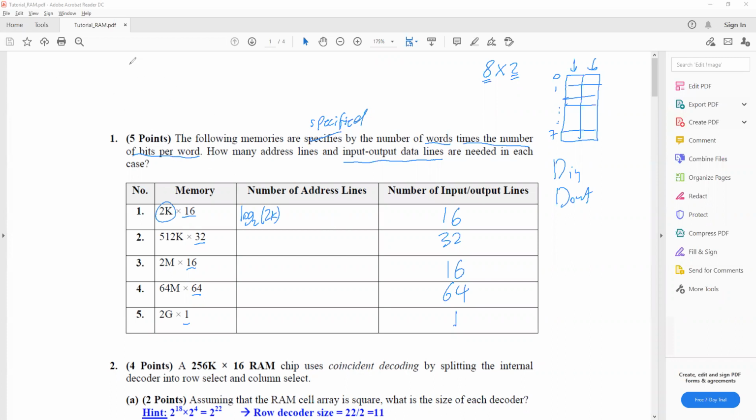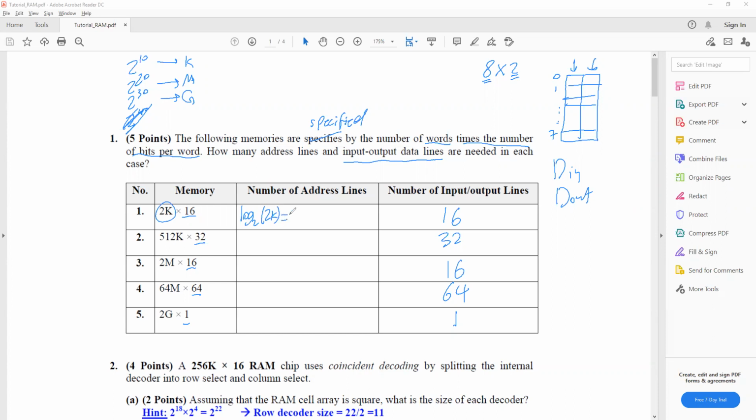So you can do this quickly. We have 2 to the 10, 2 to the 20, 2 to the 30, maybe 2 to the 40. We're not going to use 2 to the 40. So 2 to the 10 is K, which is kilo. 2 to the 20 is mega. And 2 to the 30 is giga.